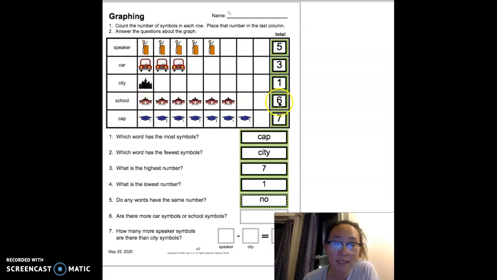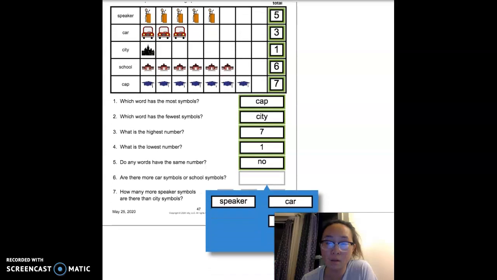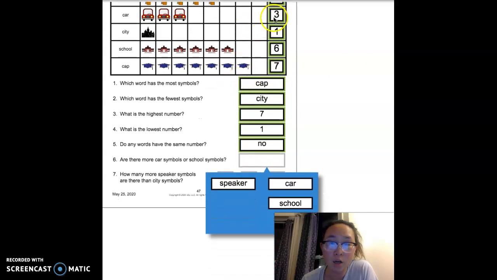I see school has 6 and car has 3. Let me scroll up a little bit so you can see. Are there more cars or are there more schools? There are more schools. 6 is more than 3.